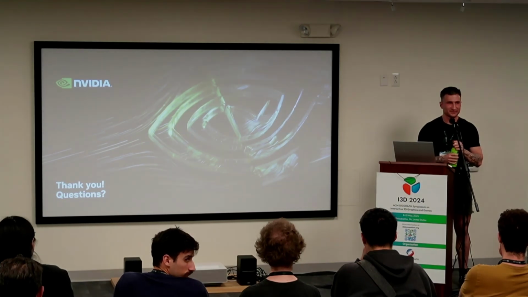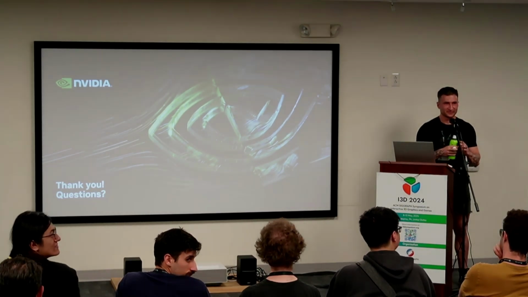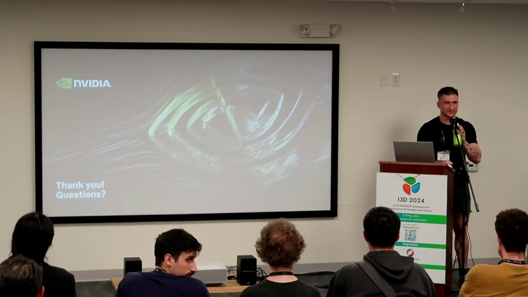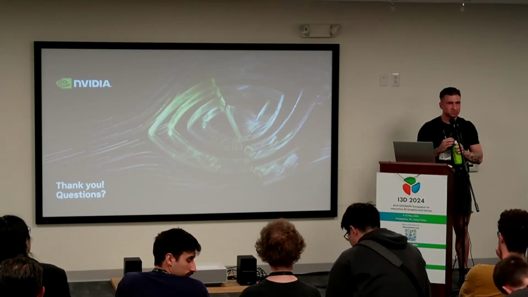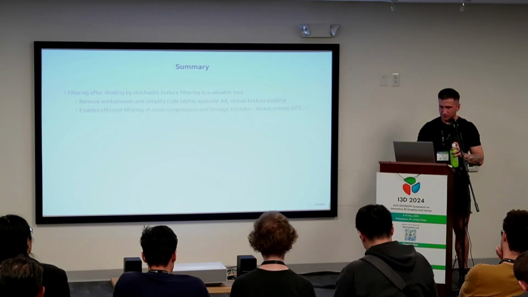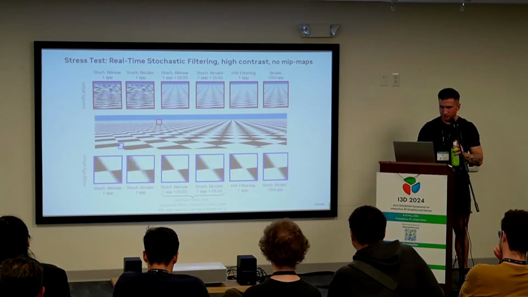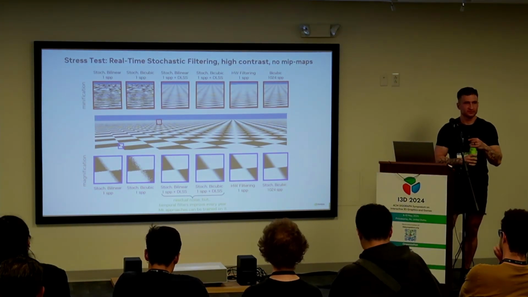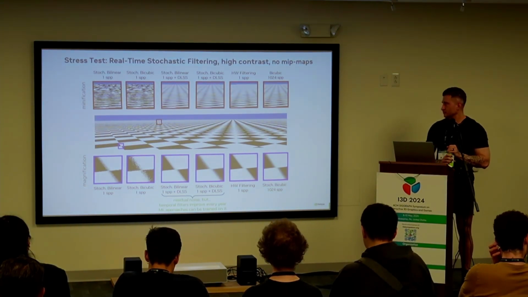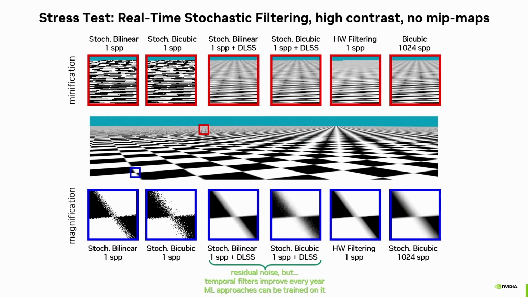Thank you. Amazing, as usual, and contextual presentation. So thanks a lot. This was really illuminating. You had a slide about the stress test, which showed me something that I think is a hint of how this would end up in production. So I'm looking at the two top left corners, right? You see there's some areas where minification and magnification are mixed, and you have two separate recommendations for how to filter them.